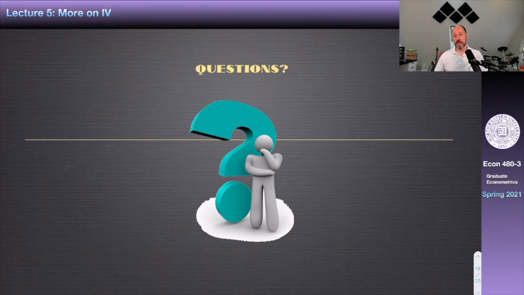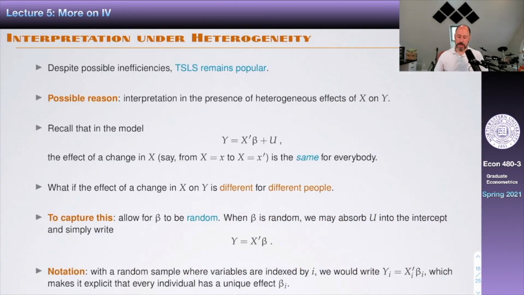Now we got to the last part of today's class, which is about the interpretation of the IV estimate under heterogeneity. I wrote here, despite possible inefficiencies, two-stage least squares remains popular. What I mean by this is something that we're going to discuss next class: today we showed that the two-stage least squares estimator was efficient under what I call strong assumptions, in particular homoscedasticity.